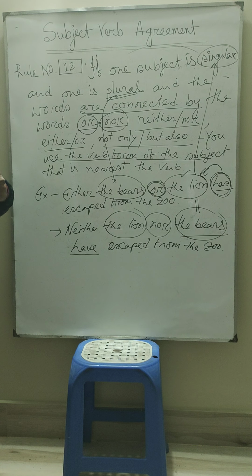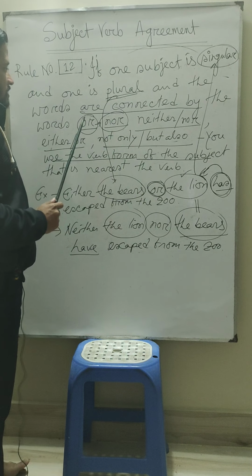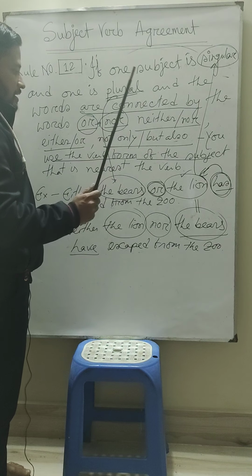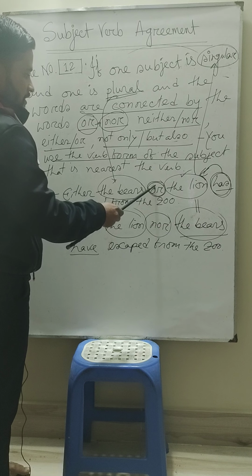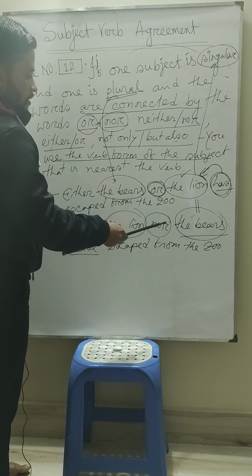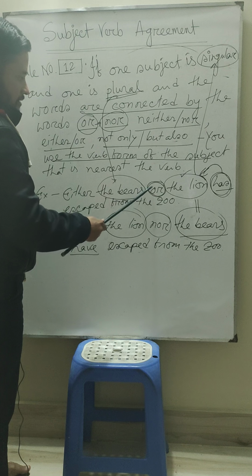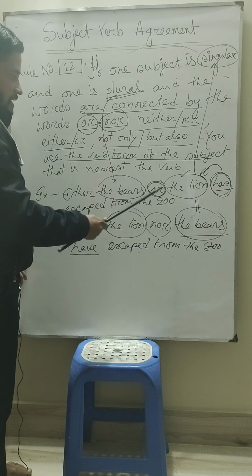In short language, for your easier comprehension, always keep in mind that whenever any sentence is connected by or, nor, neither nor, either or, not only but also, then you should follow the subject after or and nor. The first subject, the bears, has no validity in this sentence.